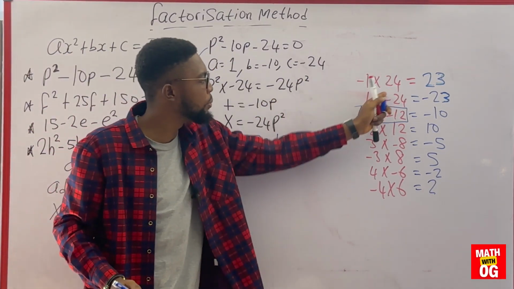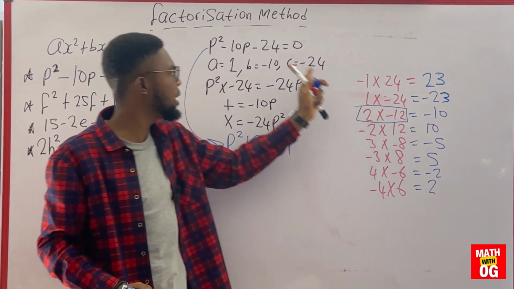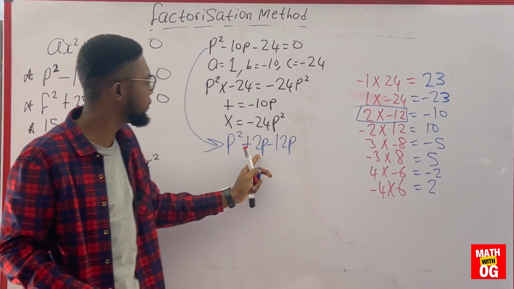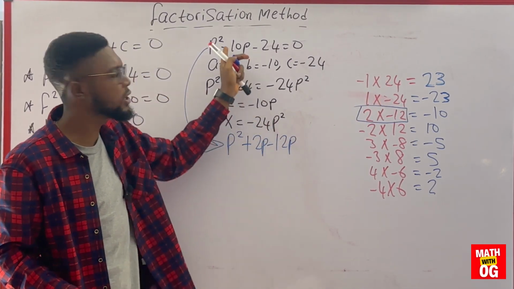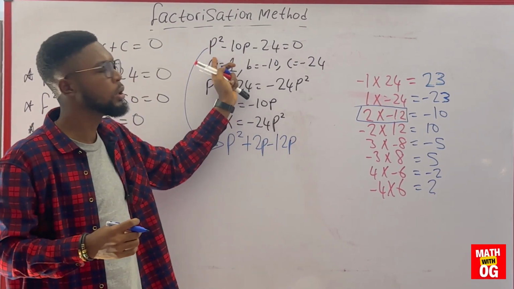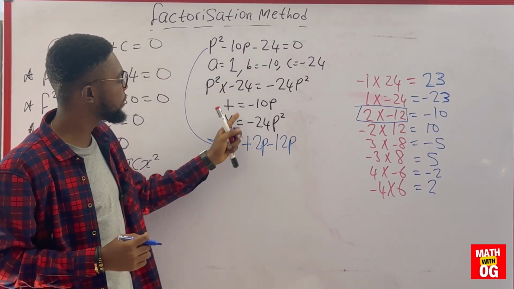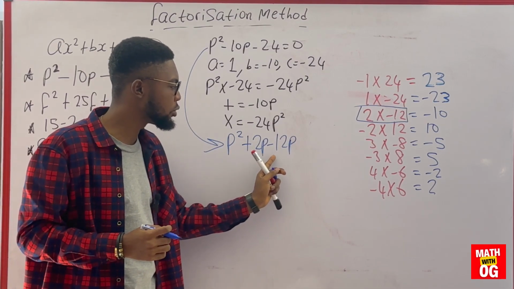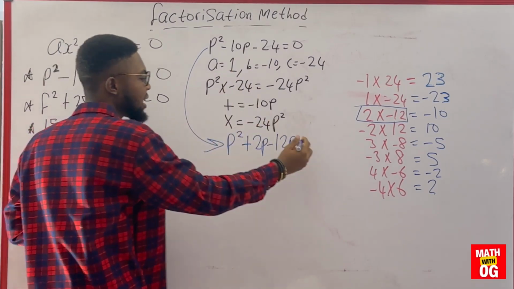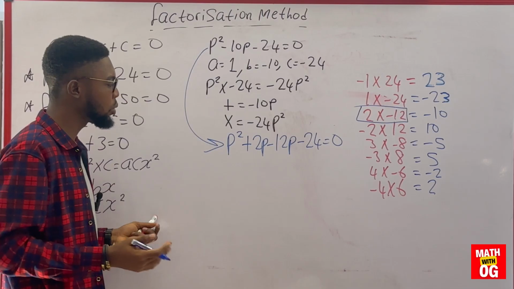But I cannot put minus 1 plus 24 here, because that will not give me negative 10. We are working with the pair that when you add up gives you your bx, in this case negative 10p. Then I will drop this last term, negative 24, to be equal to 0. Now I can factorize two at a time.